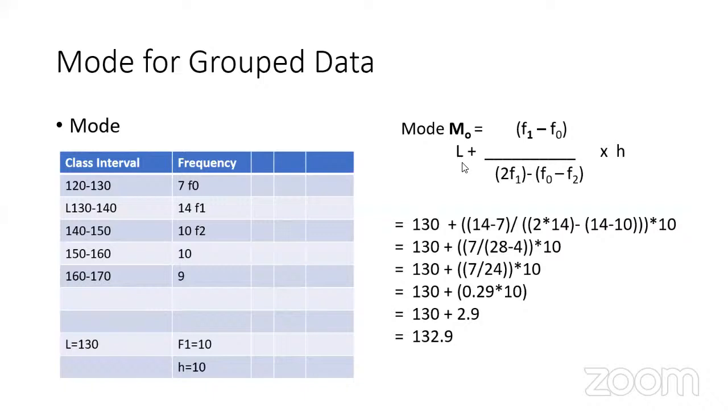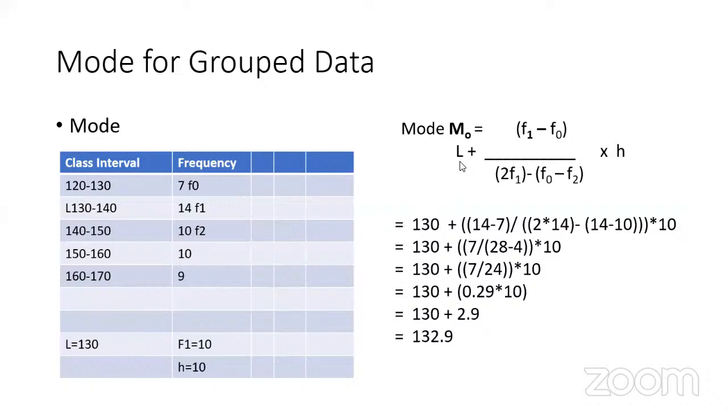So how do we choose the modal class? Wherever the frequency is more, you pick that as your modal class. Here, if you look at the frequencies, 14 is the greatest, so the number of occurrences is higher in this class. So 14 fixes your modal class, and you take the lower limit of that class as the L value.